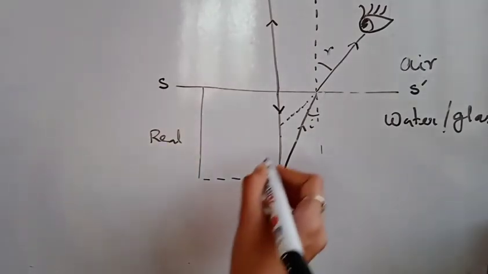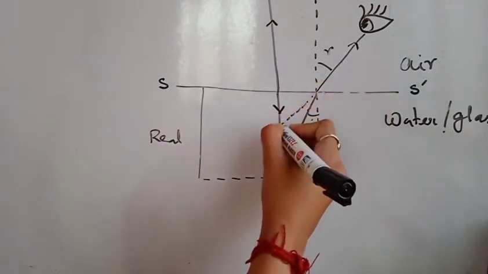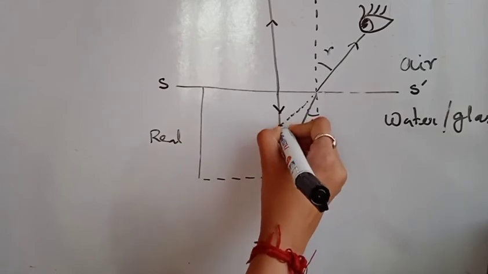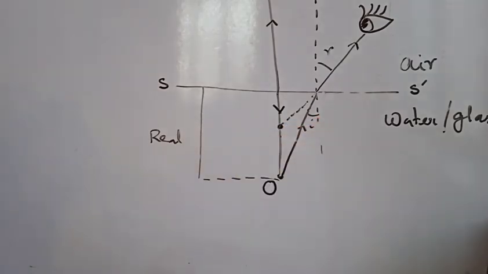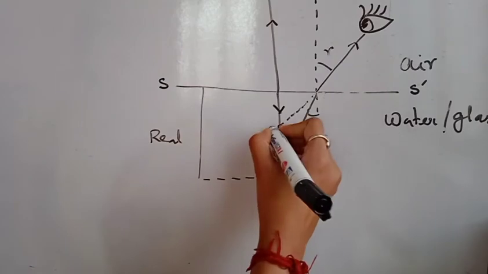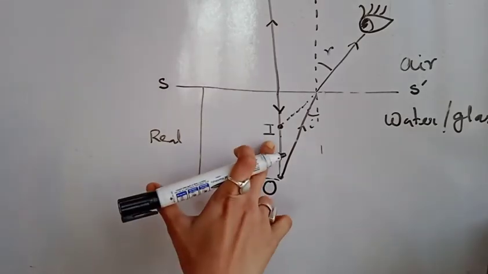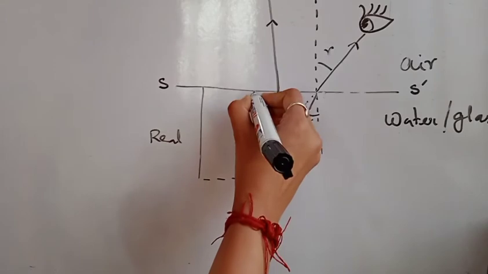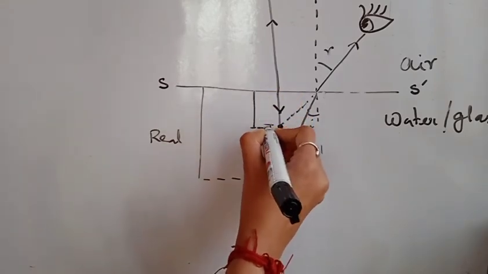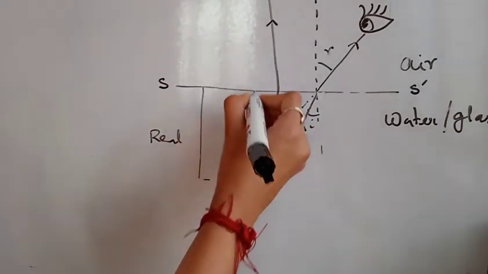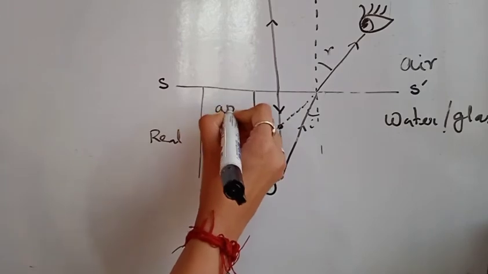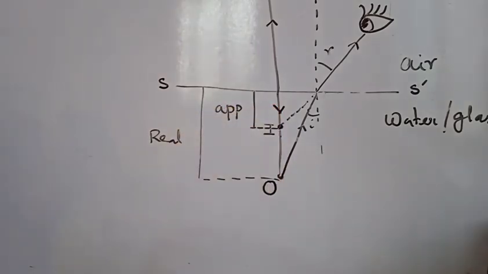But my eye is following this straight line path, so the object appears to be in this position, that is here. So the image of the object, or the object, appears to be in this position. The depth from this surface, that is this distance, is the apparent depth of the object.